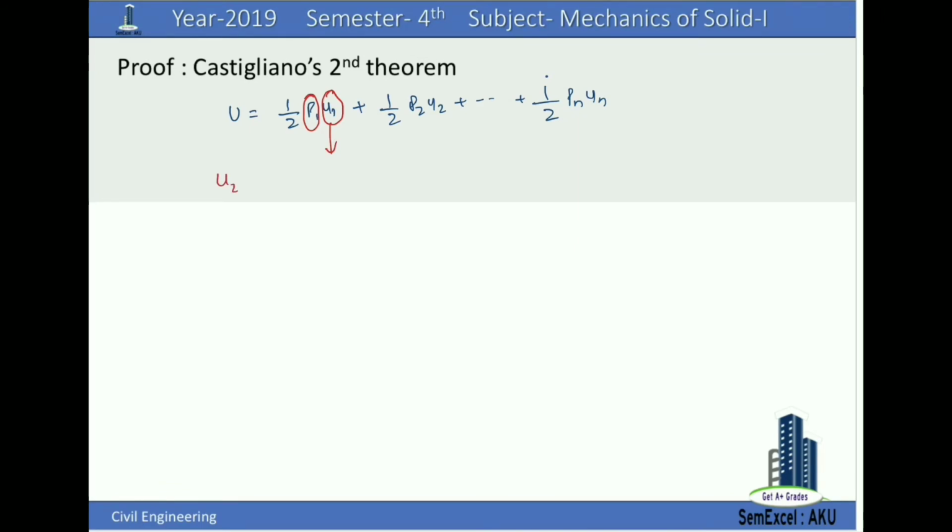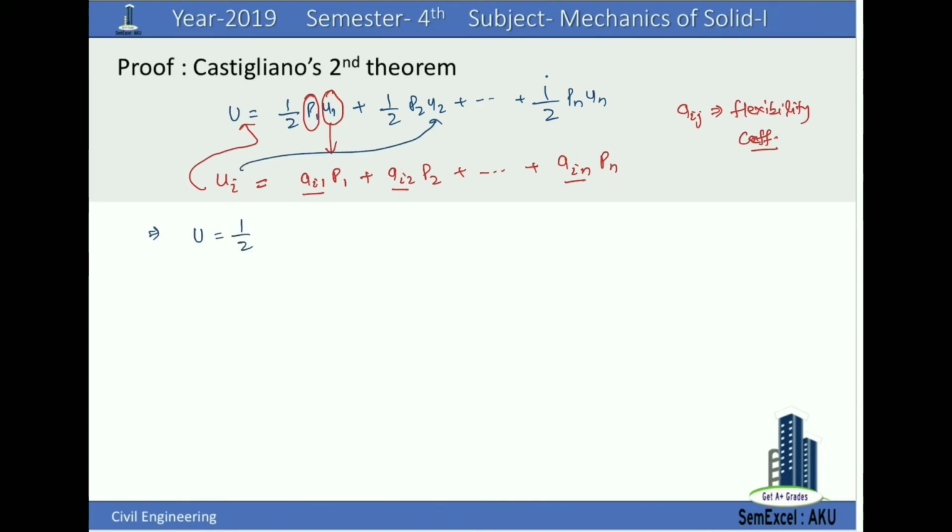This U1, U2, U3, means Ui can be written as ai1 P1 plus ai2 P2 plus so on ain Pn, where ai1, ai2, ain, means aij is known as the flexibility coefficient.